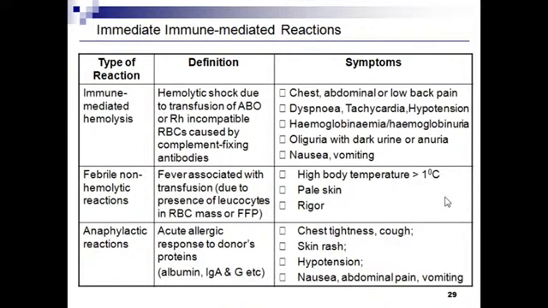This is an acute allergic response to donor's proteins, a residual amount of which is present in any pack with RBCs or leukocytes, due to the presence of proteins: albumin, immunoglobulin A, immunoglobulin G, etc. Clinically manifested with chest tightness, cough, pain behind the breastbone, skin rash as a reaction of the skin to the immediate immune reaction, hypertension, nausea, abdominal pain or vomiting.